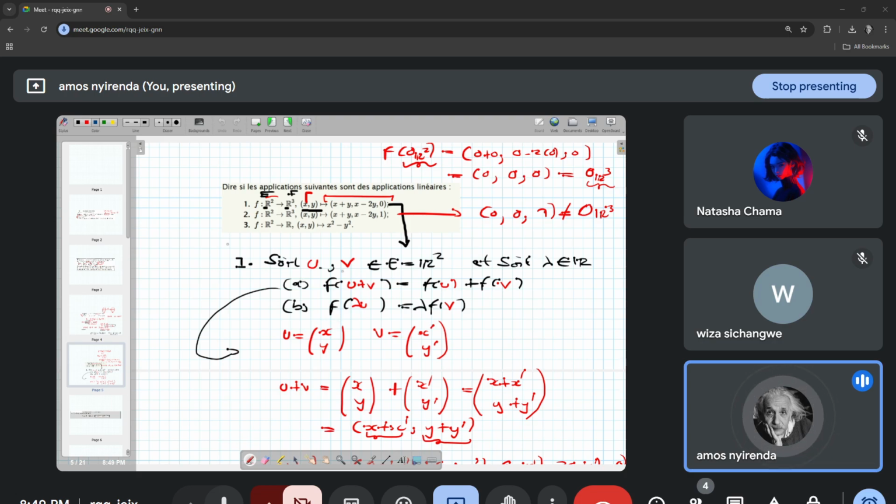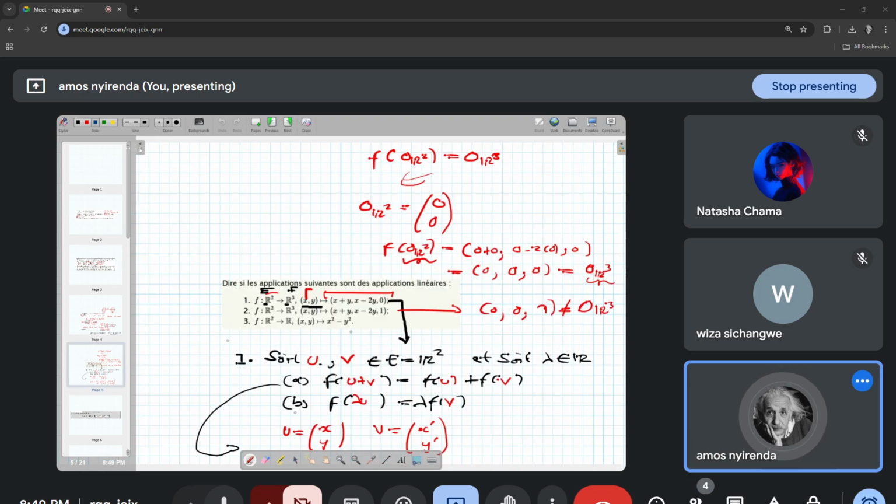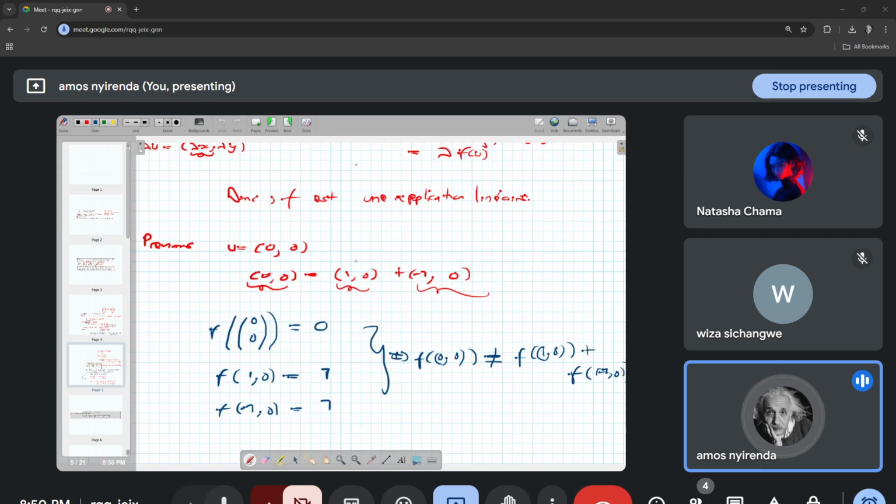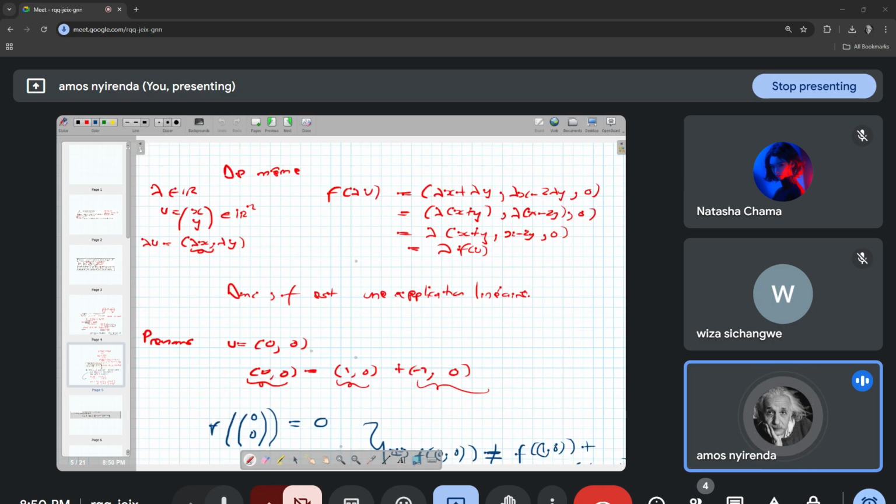So we look for such a vector that is going to disqualify one of these properties, because just by looking at this, it has quadratic terms. It cannot be a linear mapping. But how do I prove that? In situations like this, we look for a counter example. So I chose the zero vector, 0, 0 as a counter example.